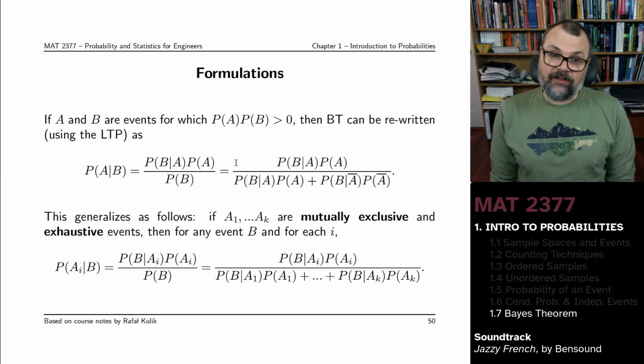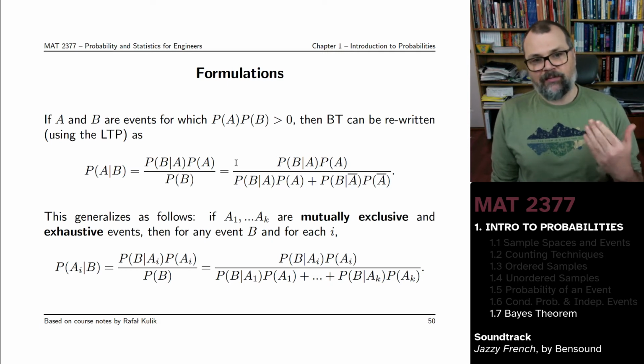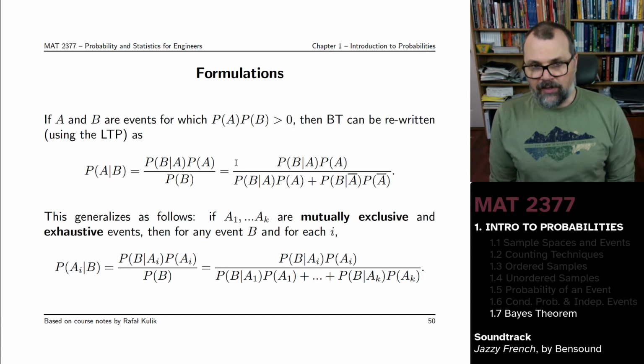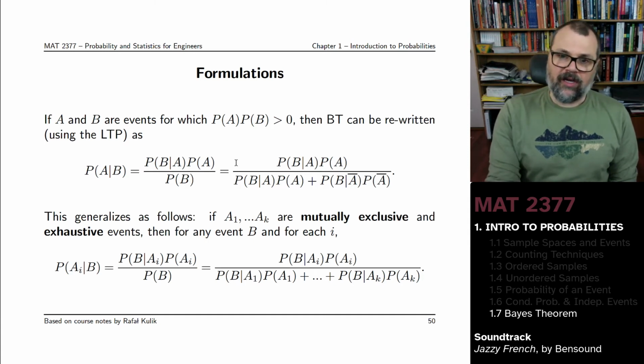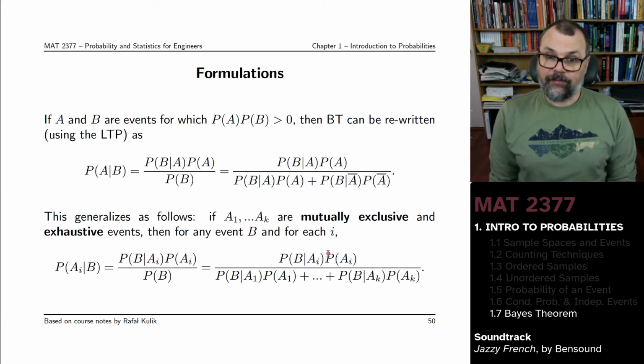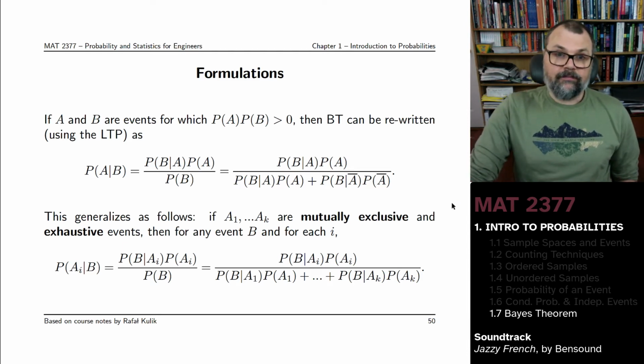The probability of A_i given B would be the probability of B given A_i times the probability of A_i divided by the probability of B. And again, you use the law of total probability here to have a denominator, which is, well, each of the terms in the denominator here has the same form as the term in the numerator. So this is a nice natural way to write Bayes' theorem.